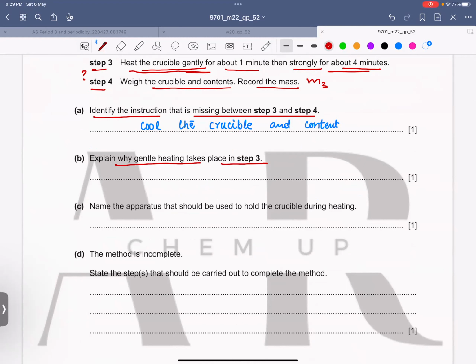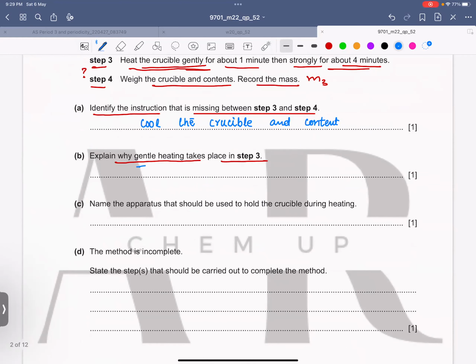Okay. So here, to avoid spitting of crystals from the crucible.